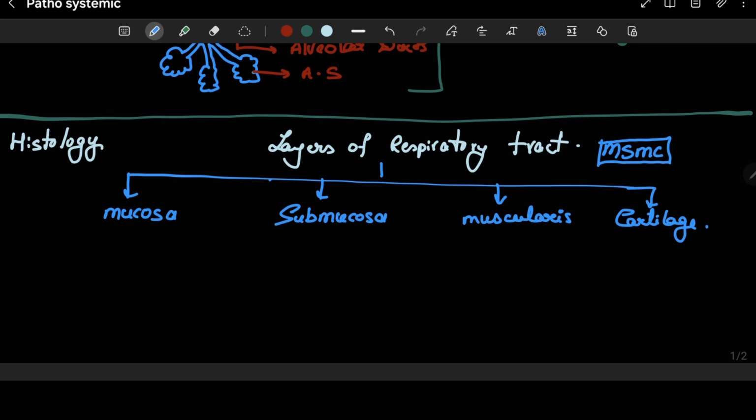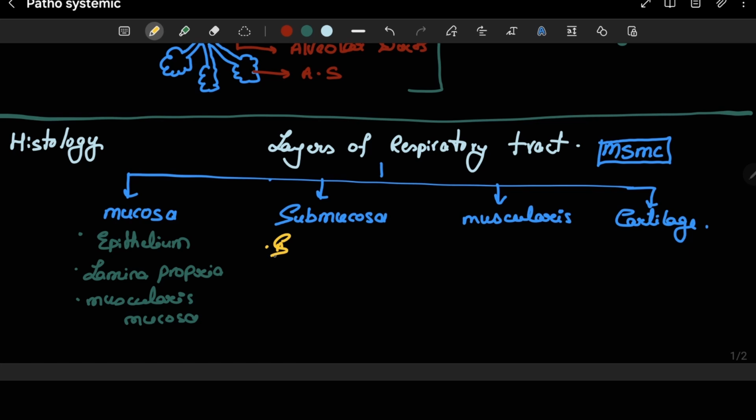Okay. So let's now go into a deep histology. Mucosa contains 3 parts. First one is epithelium, second one is lamina propria, and the third one is muscularis mucosa. And the submucosa has submucosal glands, and these glands will secrete the mucus.